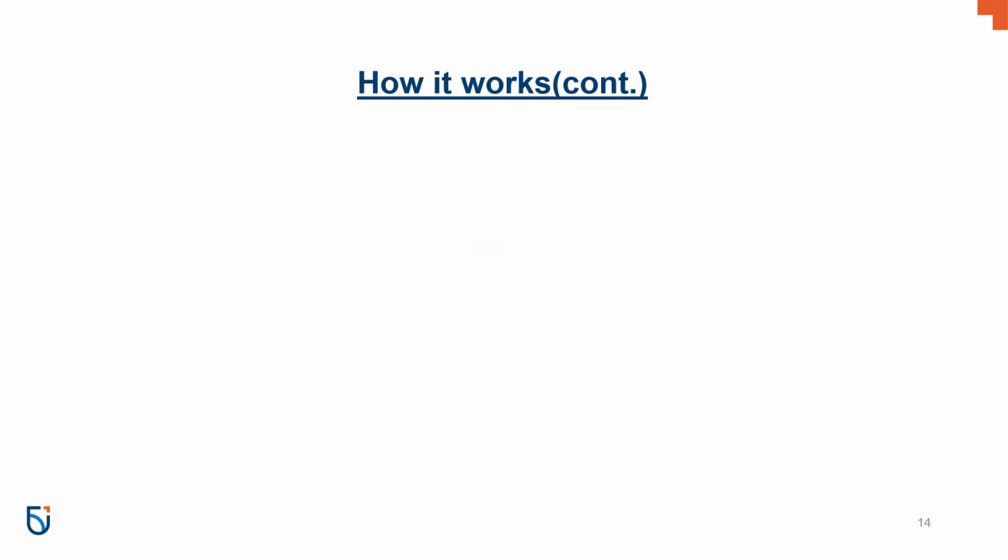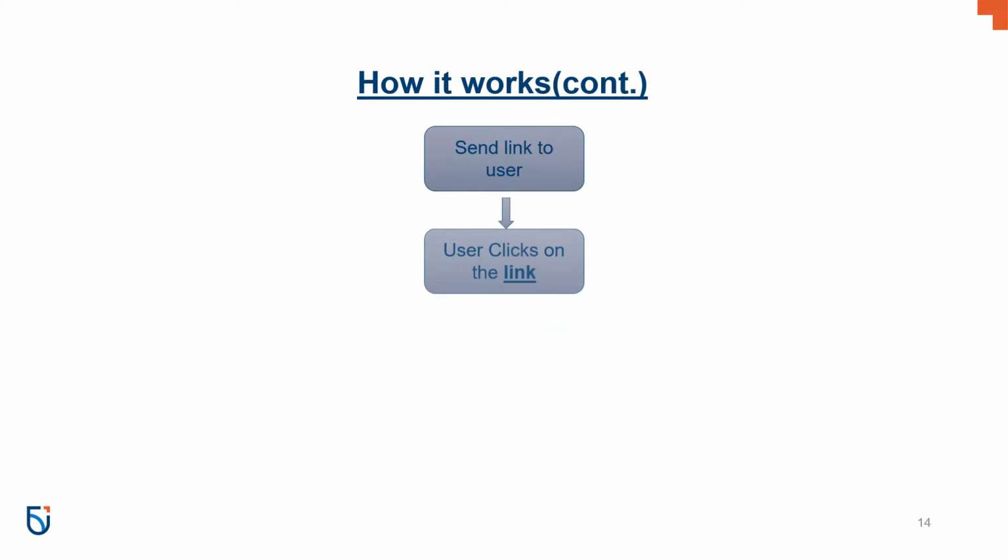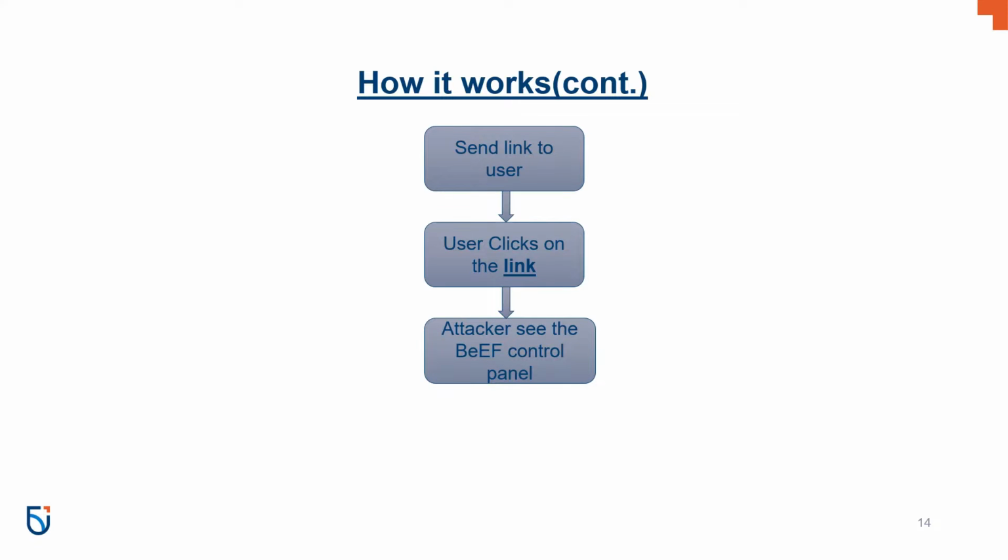So, to make it more understandable, we have created a small chart that is an example of what you can do with BeEF. You can just create a malicious link and send this link to the user. So when the user clicks on the link, the attacker will see the BeEF control panel, which means the BeEF server communicates with the hooked browser through a web-based user interface and thereafter launches the exploit.